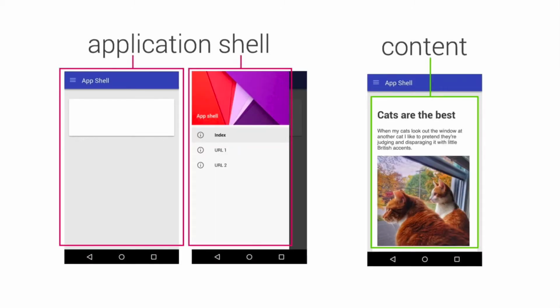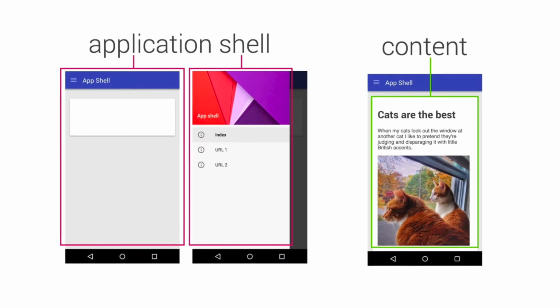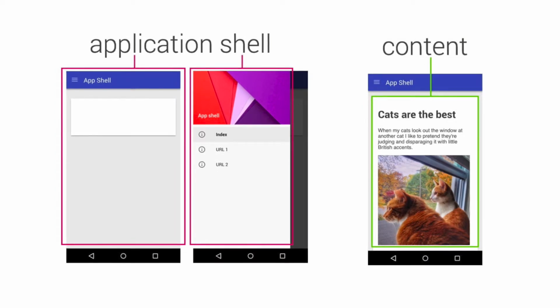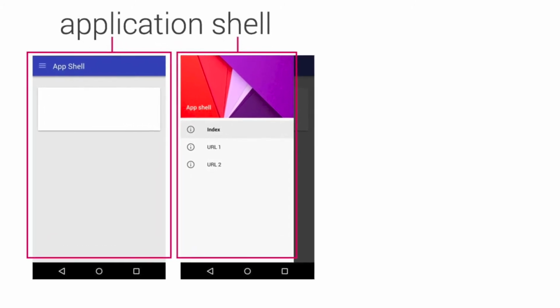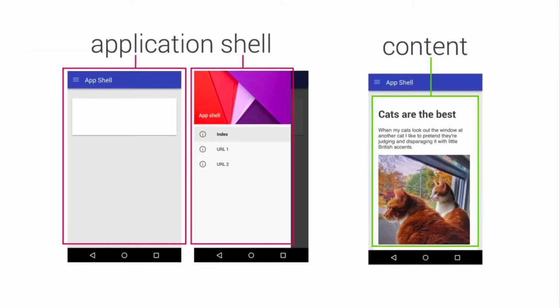The application shell architecture is a set of standards that focus on providing a fast loading experience to users. Using an app shell architecture allows you to give your progressive web app properties similar to native apps, like instant loading and regular updates. It sounds very complicated, but essentially boils down to this. The app is separated into two major components, the shell and the content.